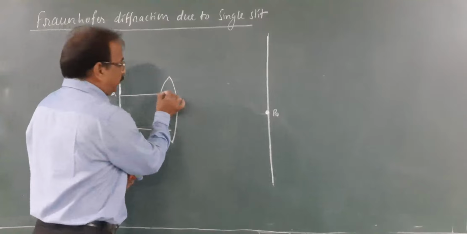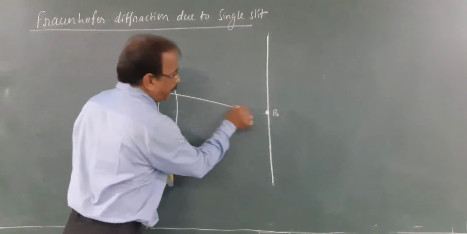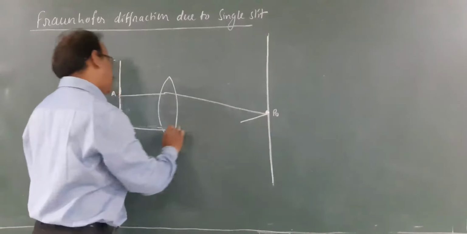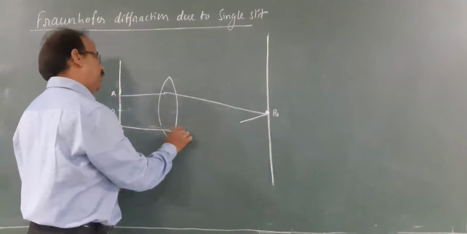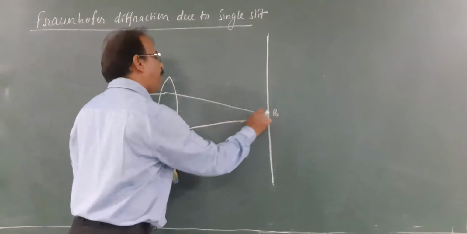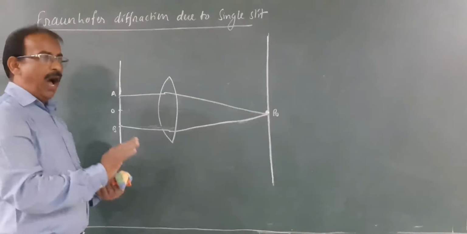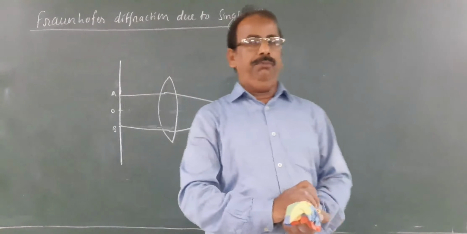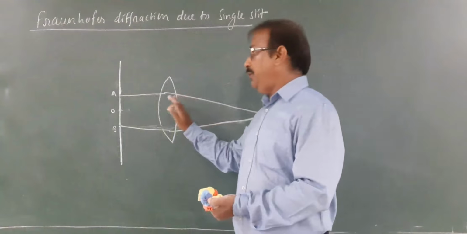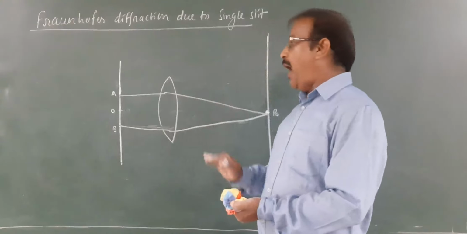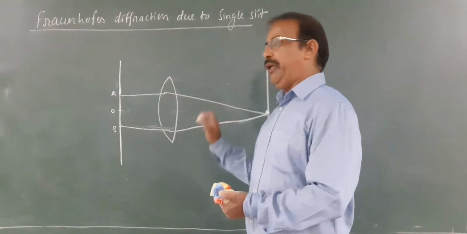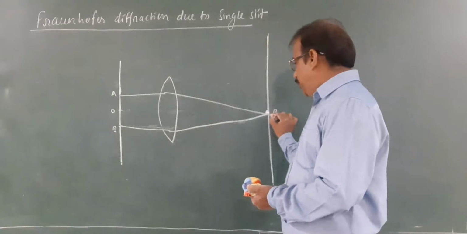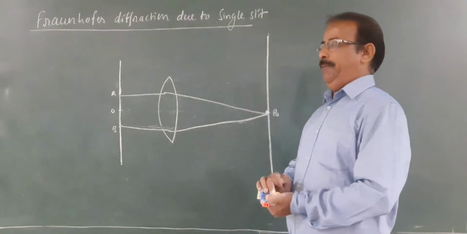You will observe that when this light reaches the center of the screen, the paths covered by them are equal. Means the path difference between these two waves comes equal to 0 at the center.